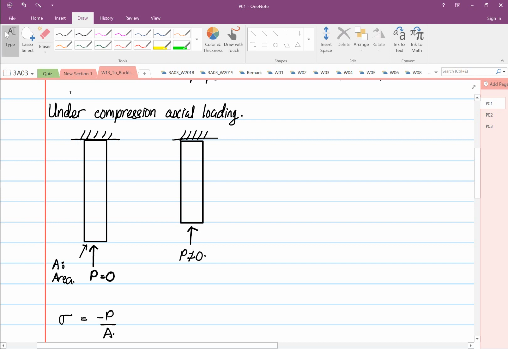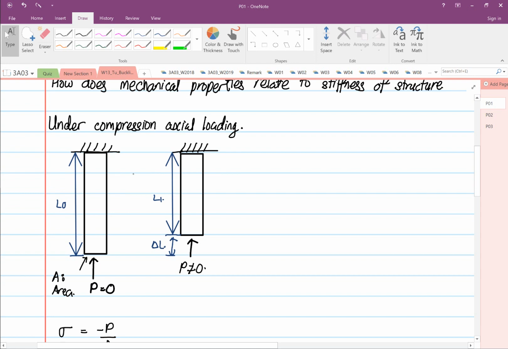Originally we have our length from here to here, so this is our L0. After axial compression, our length now becomes L1, and the distance from here to here is our delta L, right?